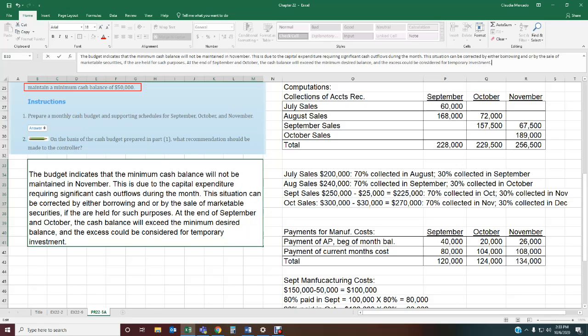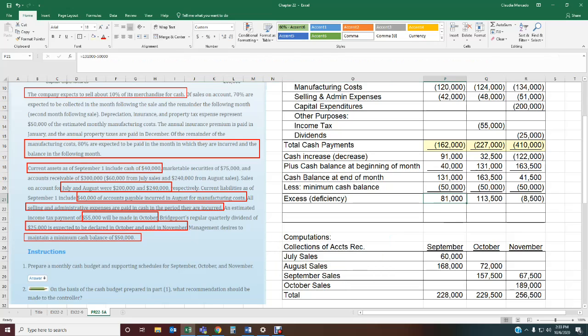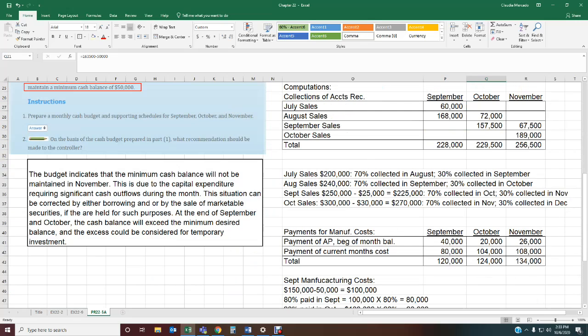So we can see here, I'm going to have 81,000 left over and 113,500 left over after keeping my reserve of $50,000 in the bank for my cash. So that money can be invested to be able to help liquidate that $200,000 expenditure in November. Okay, so those are some possible options we have.